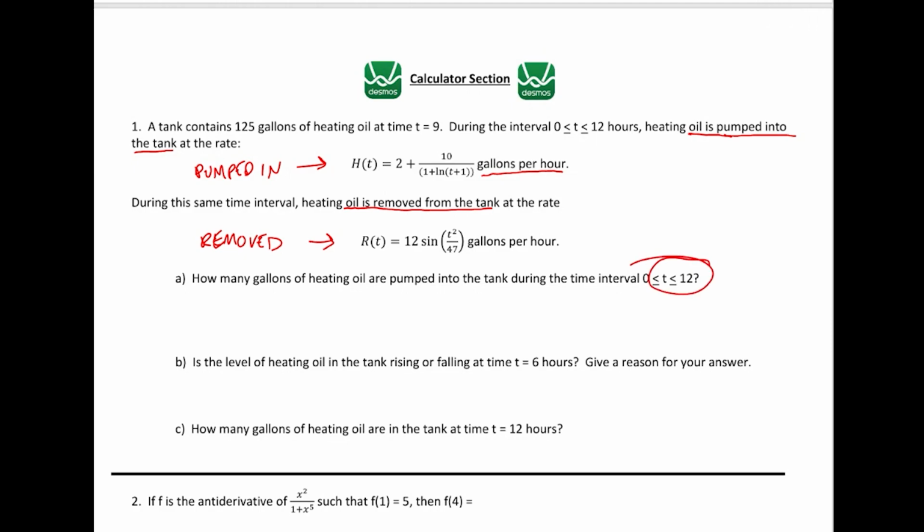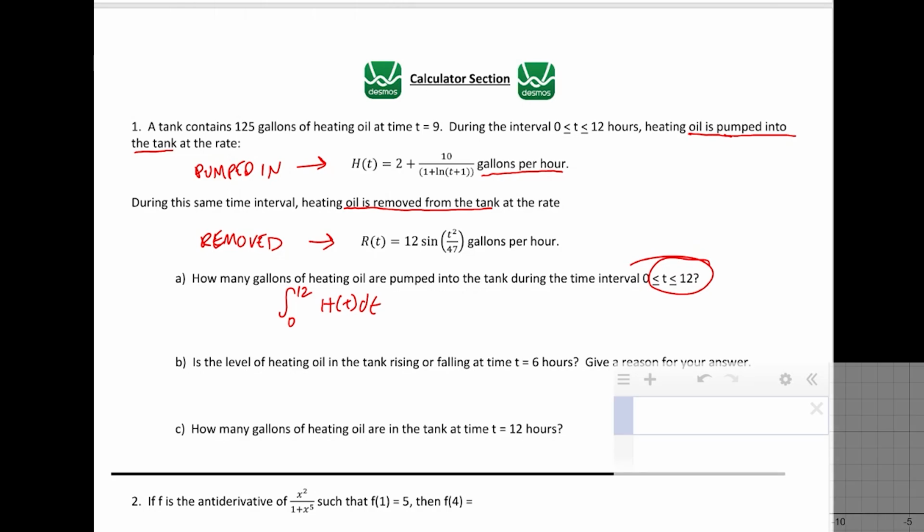So to find this net change, we're going to once again rely on a definite integral of this rate function. We're going to find the integral from 0 to 12 of h of t dt, and whatever that equals is going to be our answer. So let me open up Desmos for you.